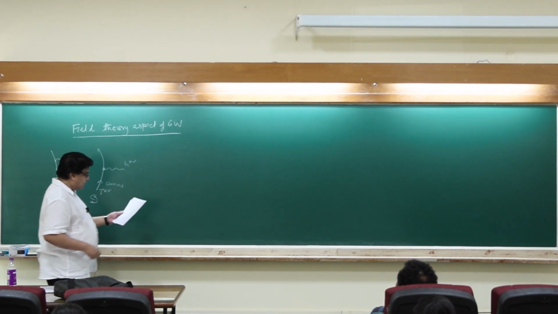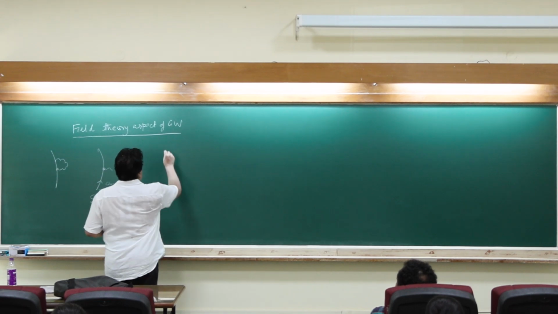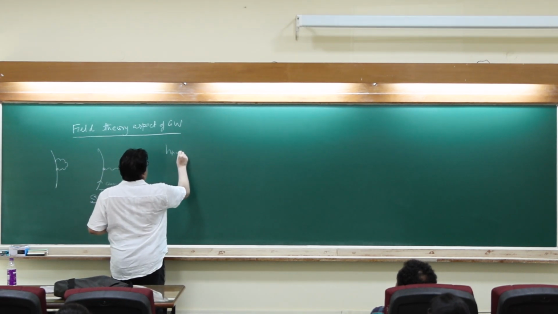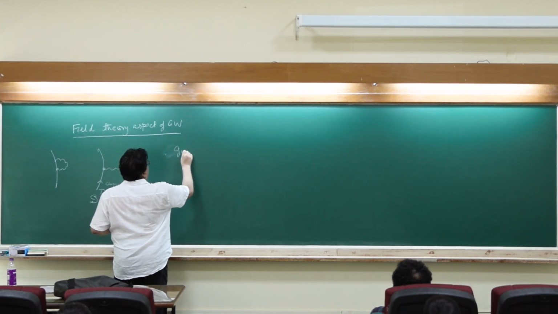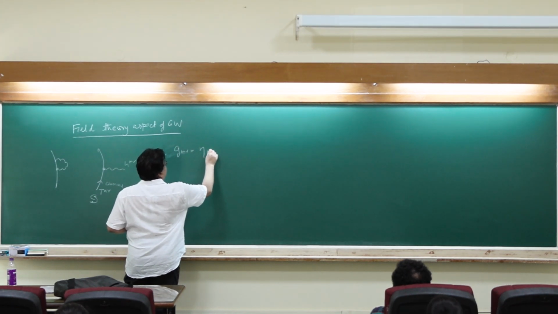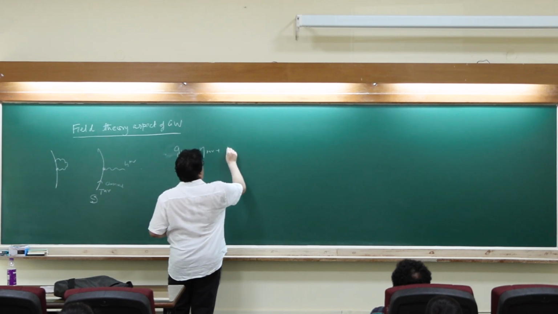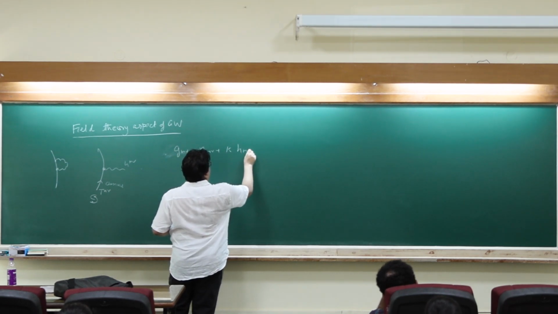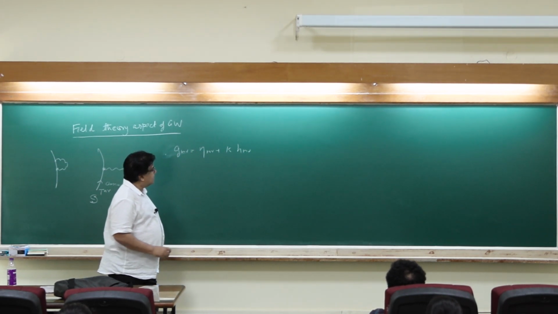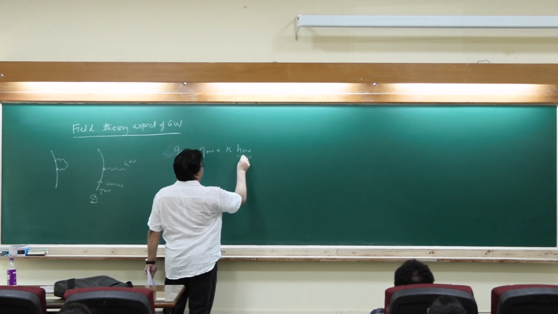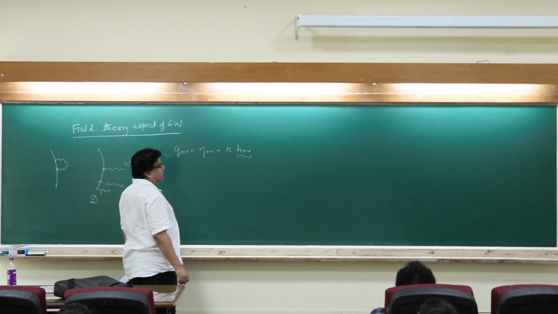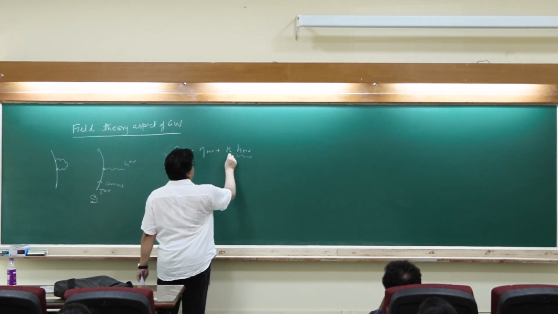Okay, so we start with G mu nu is eta mu nu plus kappa H mu nu, and as I said last time, when you treat this as a quantum field, you want a canonical kinetic term for H mu nu.